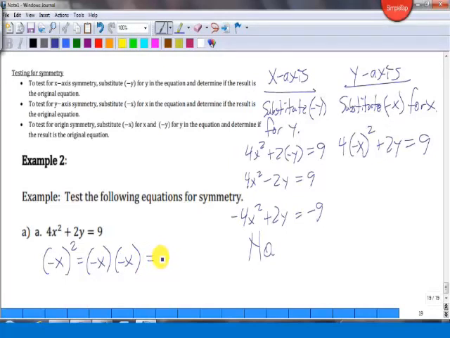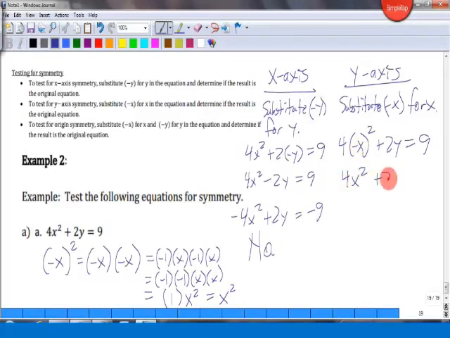This is negative 1 times x times negative 1 times x, which is negative 1 times negative 1 times x times x, which is positive 1 times x squared, which is x squared. So when we take negative x and square it, we actually get x squared. So 4 times the square of negative x is 4x squared.